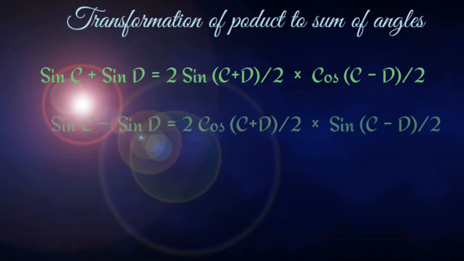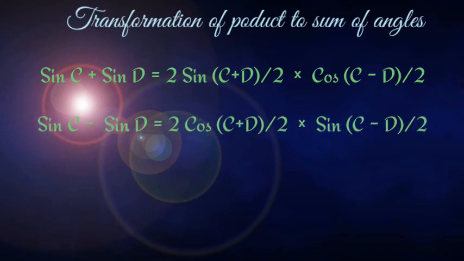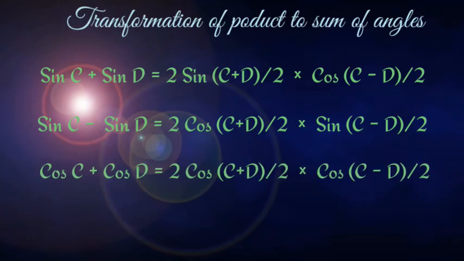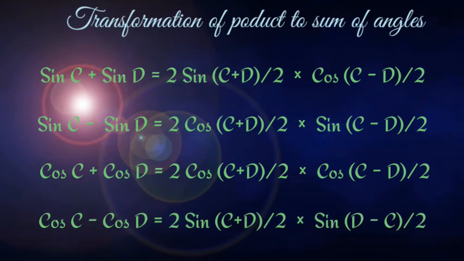Sin C minus sin D is 2 cos C plus D divided by 2 times sin C minus D divided by 2. Cos C plus cos D is 2 cos C plus D divided by 2 times cos C minus D divided by 2. Cos C minus cos D is 2 sin C plus D divided by 2 times sin D minus C divided by 2.